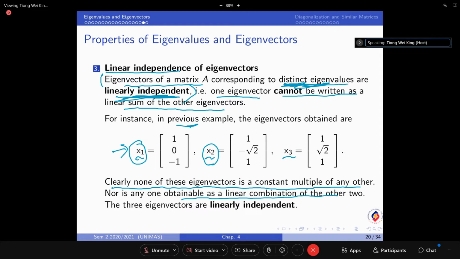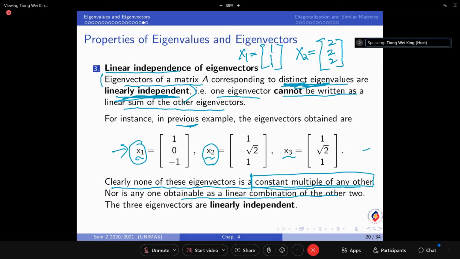So what does this mean? I will explain. The first one, constant multiple. I will show you one example of a constant multiple, it's easier for you to understand. Let's say x1 is 1, 1, 1, the easiest one. x2 is 2, 2, 2.